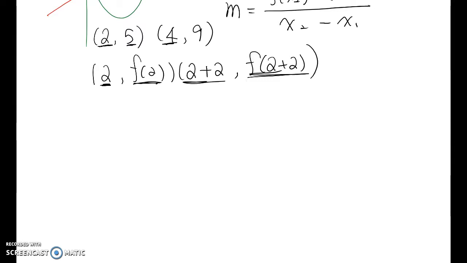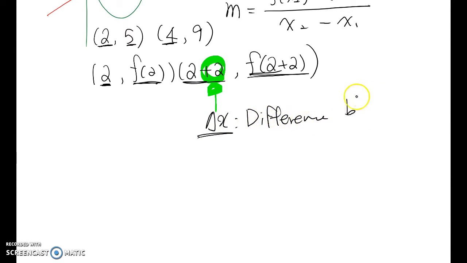If x2 equals 3, then their difference becomes 1. If x2 equals 5, then the difference becomes 3. Therefore, I'm going to call this particular 2 delta x, and this indicates the difference between the two x's. Make sense?